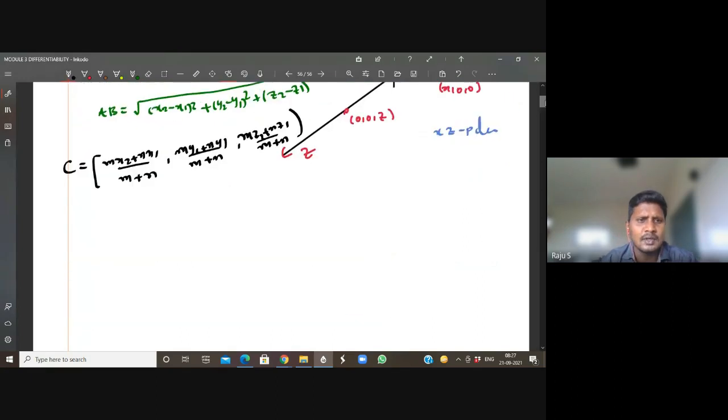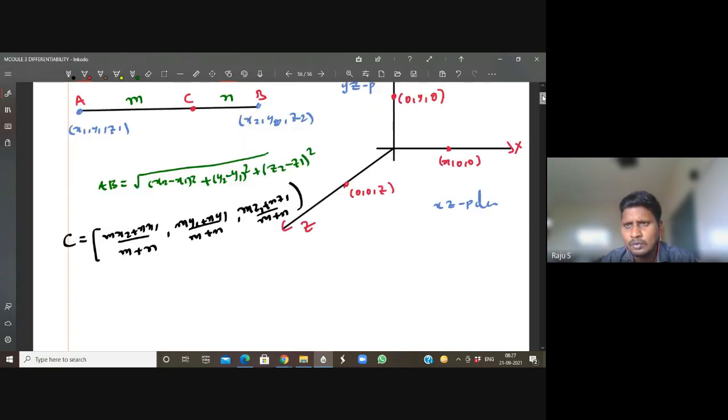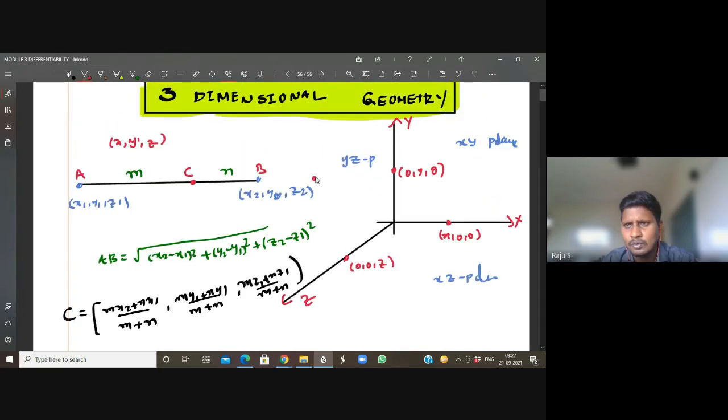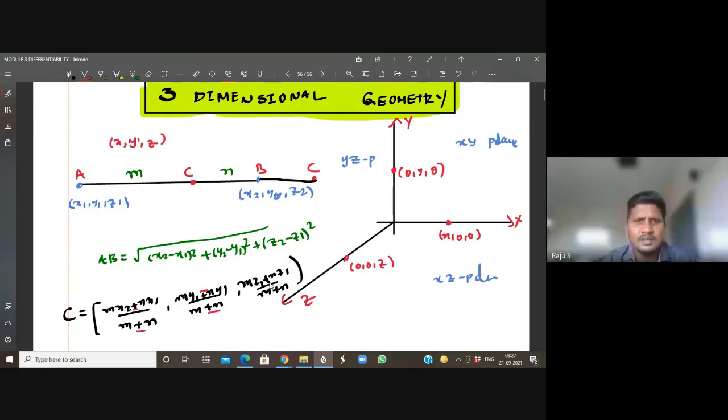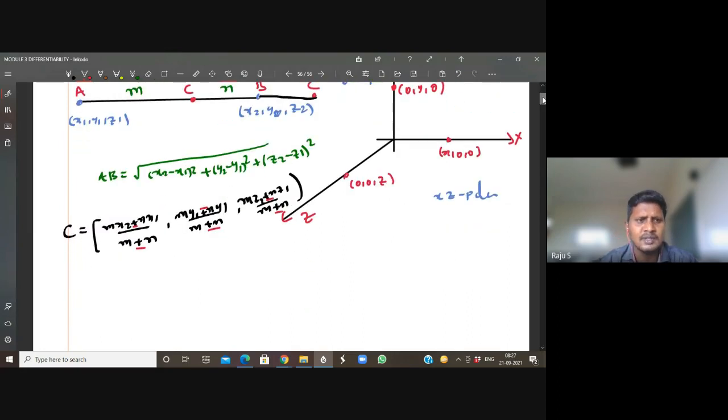So this is internally. If I want to find the point C externally, then we know very well we should take minus instead of plus. That is mx2 minus nx1 by m plus n. This is about internal and external division.